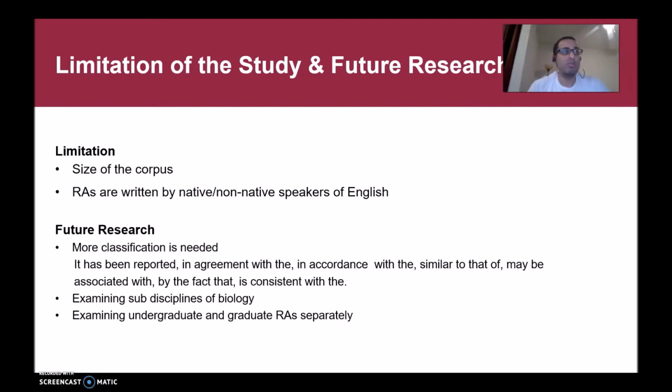For future research, more classification is needed since there are some bundles that I couldn't classify, and they are not reported in the literature. Also, another option is to examine just one subdiscipline of biology, such as wildlife biology. So that could be another suggestion for future research.